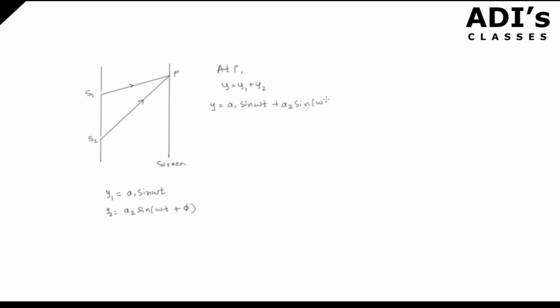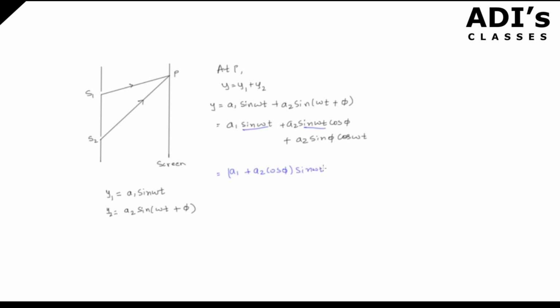Okay. Now from S1, let's say Y1 is equal to A1 sine of omega t. This is the displacement of the particle. From S2 we have Y2 is equal to A2 sine of omega t plus phi, phi being the phase difference.